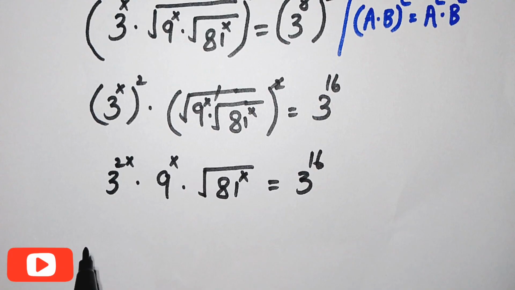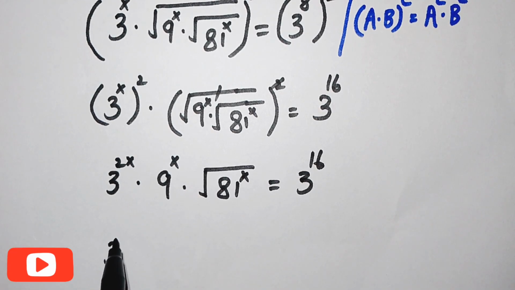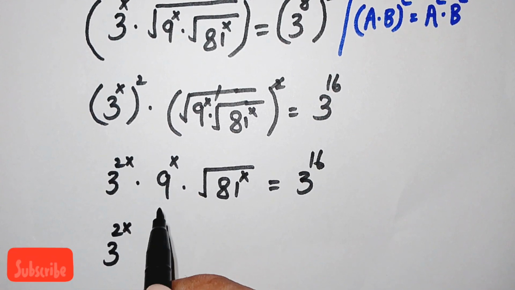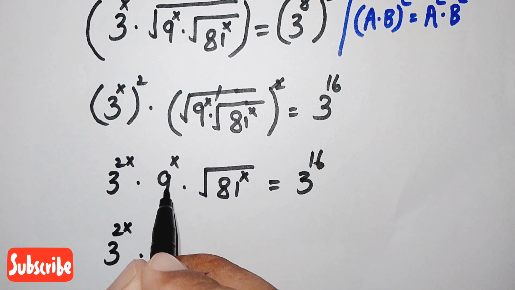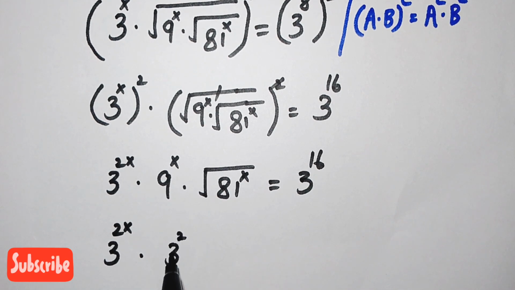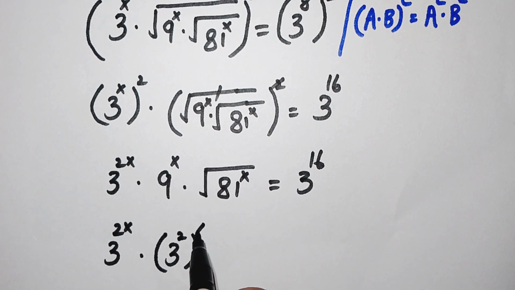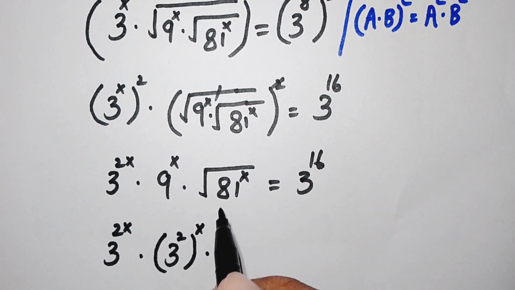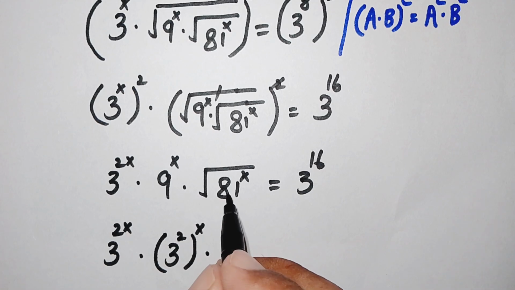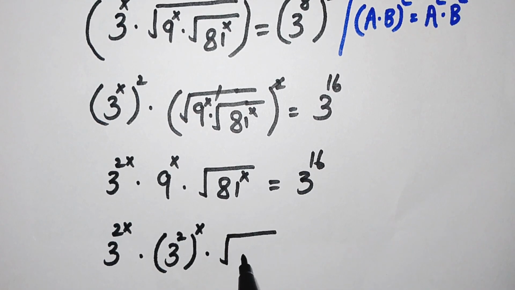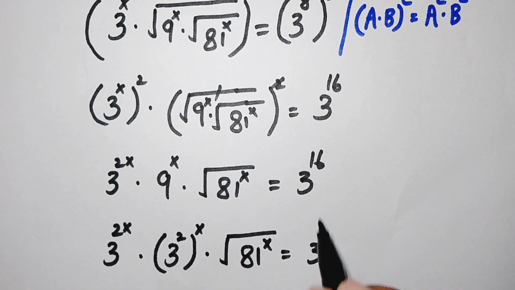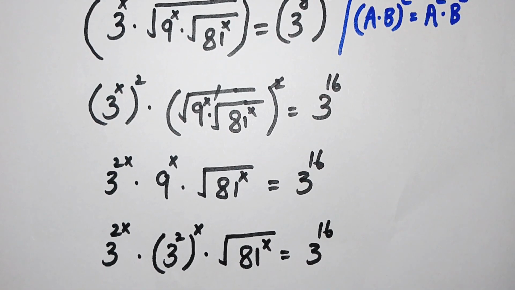Now in the next step, 3 to the power of 2x, and 9 is equal to 3 square, and to the whole power of x. So 3 square to the whole power of x is equal to 9 to the power of x times square root of 81 to the power of x, which is equal to 3 to the power of 16.